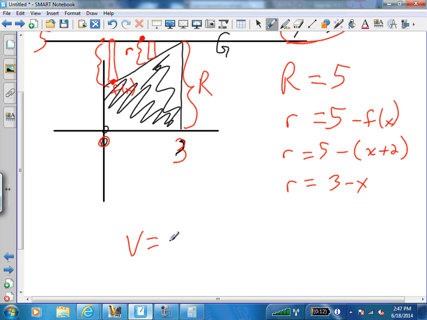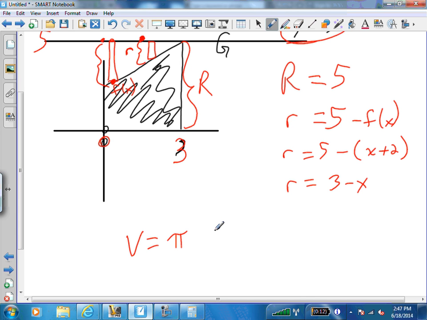So our volume is pi times, when we rotate. Like when we generate our solid, this is all going to be air. When we take this and rotate it around this line, all of this that's colored in is going to be part of our solid.